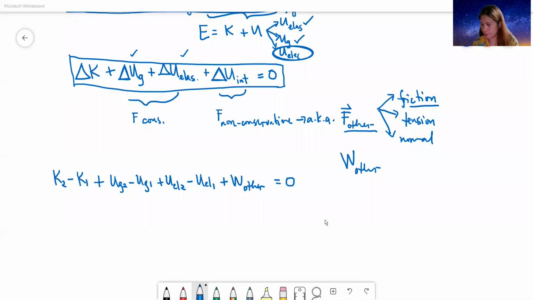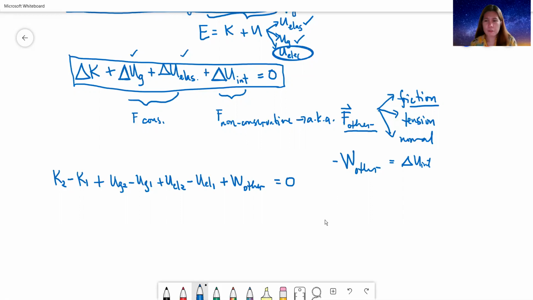Let's go back to the important thing that I overlooked. The change in the internal energy of the system is equivalent to the absolute value of the work done by the other force. But specifically, delta U internal is equivalent to negative work other. For example, since the work done by friction is negative, negative minus negative becomes positive.